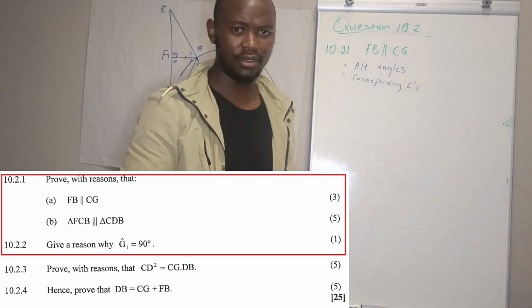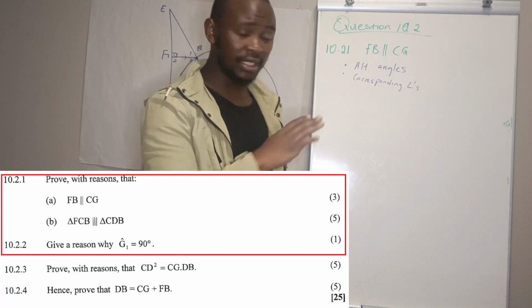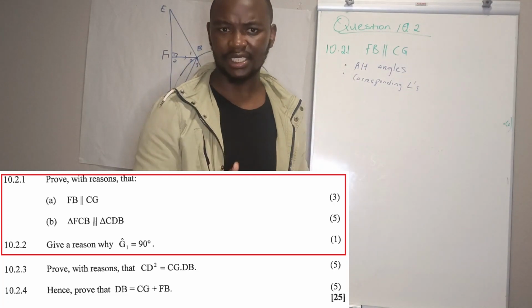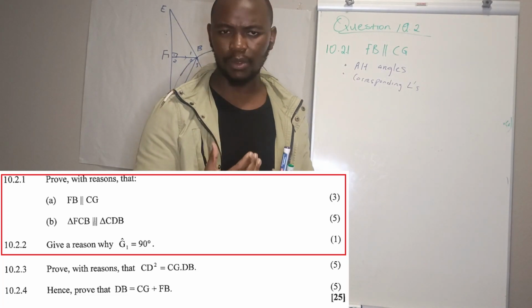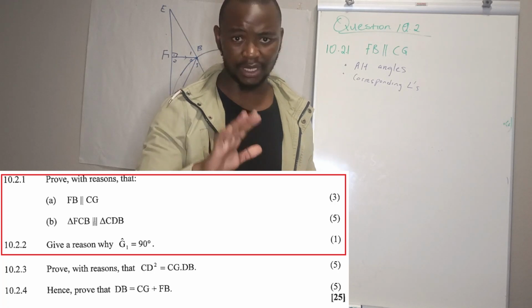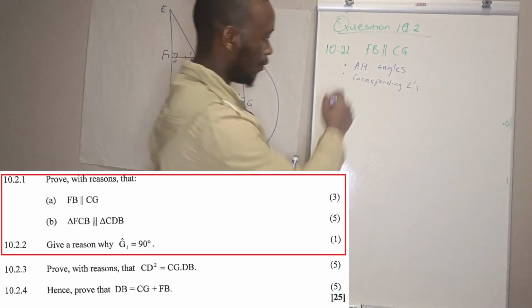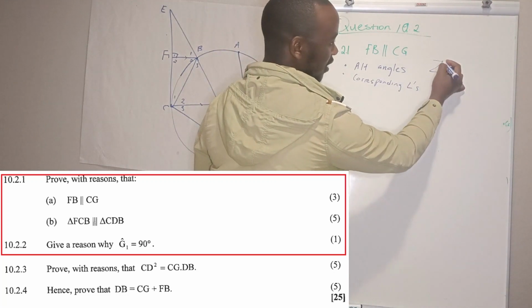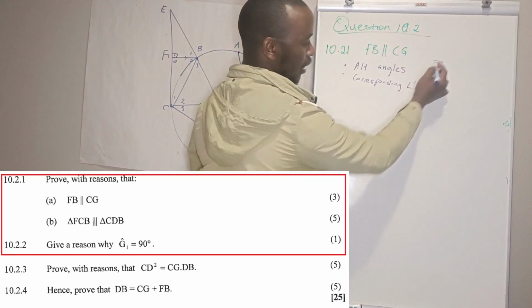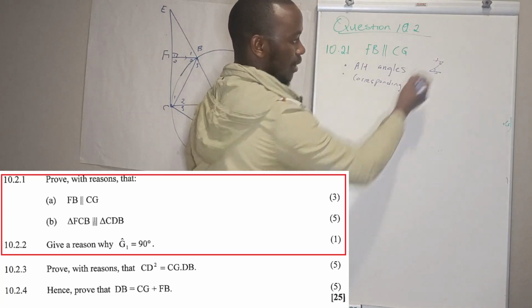I'll attach a video which explained exactly what we look for in corresponding angles. But in a nutshell, for alternate angles we are looking at a Z. So these angles in here are equal, if these lines are parallel.